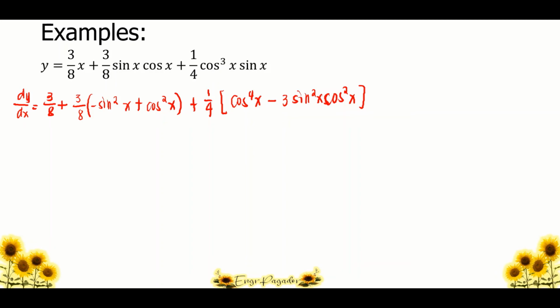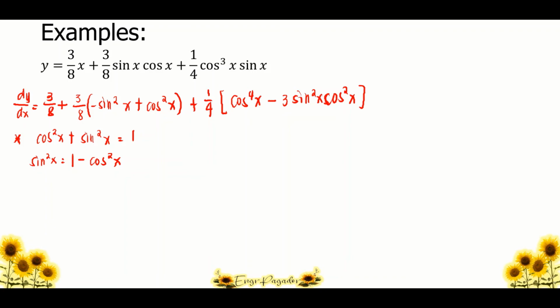So, let us recall the Pythagorean identity. We have cosine squared x plus sine squared x is equal to 1. So, if we manipulate this, sine squared x will be equal to 1 minus cosine squared x. Okay? So, this is what we will substitute for the sine squared x.